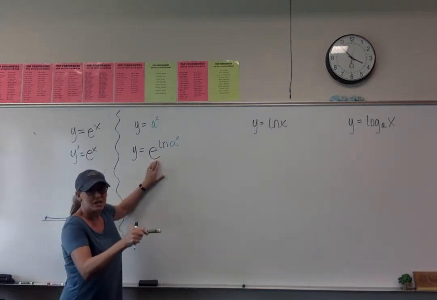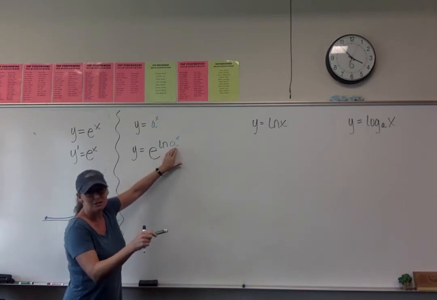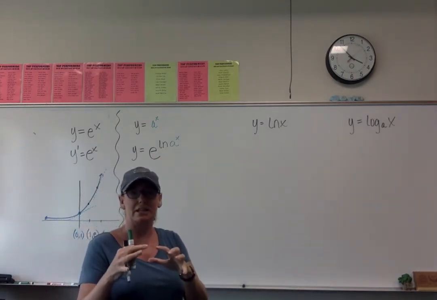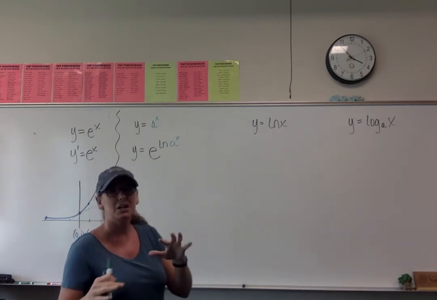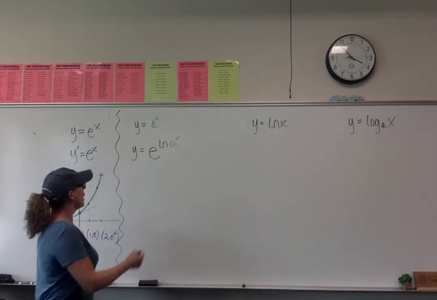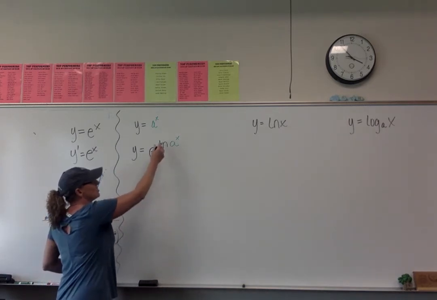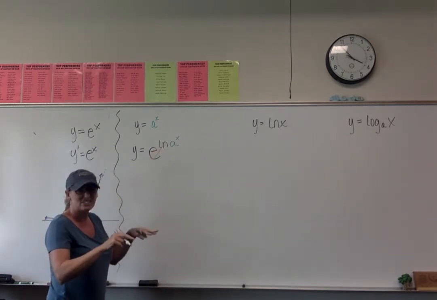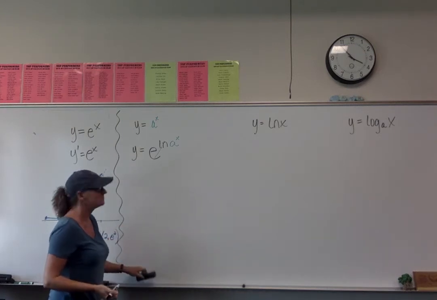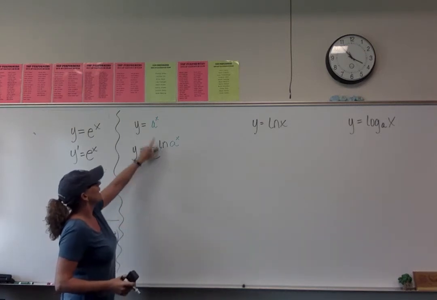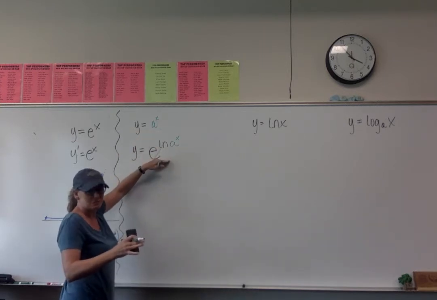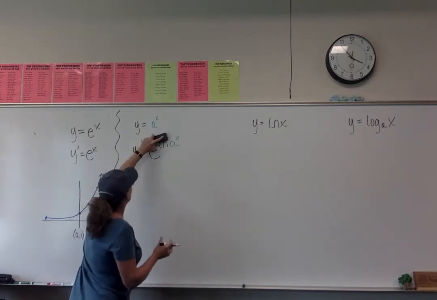E to the natural log of something, you all were taught how to manipulate it. Here's what your takeaway was. Oh, these cancel, don't they? Oh, they cancel and I'm just left with a to the x. Well, okay, yeah. That's why I knew that this and this are equivalent functions, okay? So I don't want to cancel it.